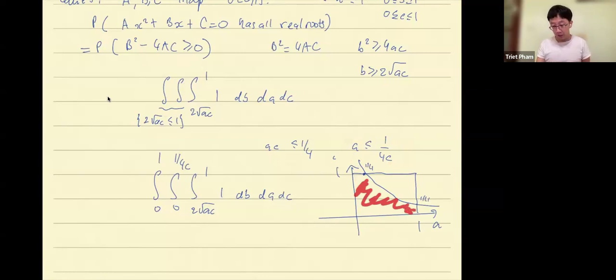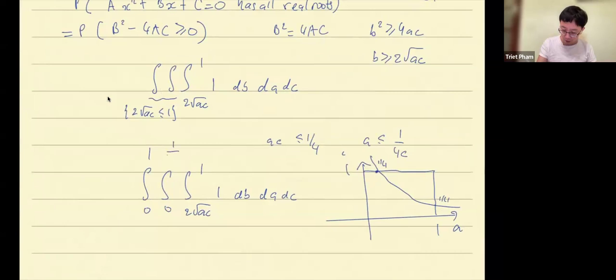And you see that clearly this region is not about A going from 0 to 1/4C. What I mean by 1/4C is 1/4 times C. Because you see this region is rather a bit annoying. It's like that. So, at least as far as I look at it, there are 3 regions here we have to look at.